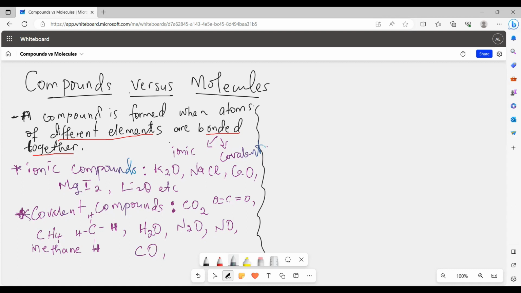Okay, so all these are your covalent compounds. The next thing I want you to know about these covalent compounds is that all these covalent compounds are what we call molecules. So these are molecules.